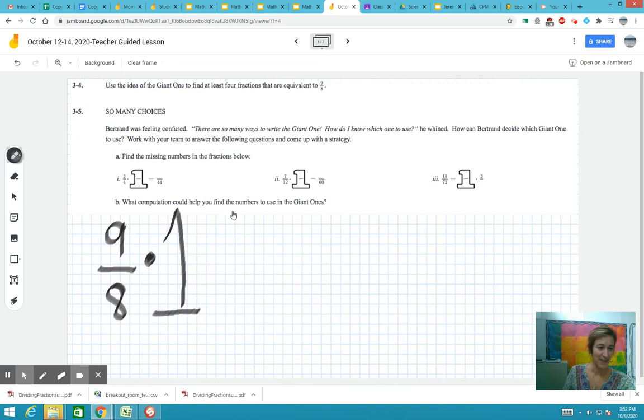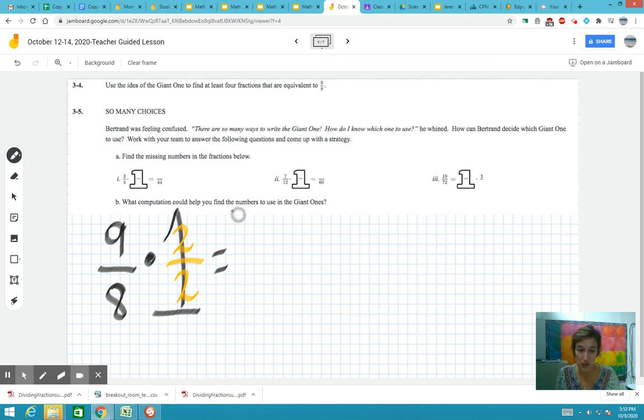Okay, so I'm going to choose for my example, I'm going to use 2. So I'm going to put 2 2s and think about how that's a whole. If I had one whole candy bar, and I broke it into 2 pieces and gave you both pieces, you still have one whole candy bar. So that is where the multiplicative identity and the giant 1 idea comes from. So now let's multiply these and find out what the products are.